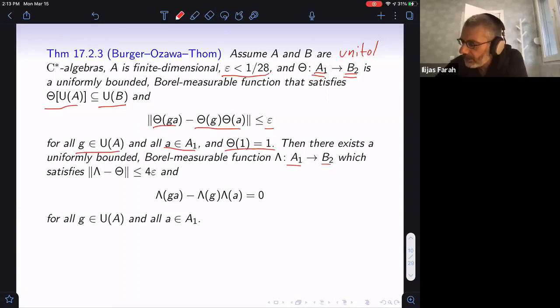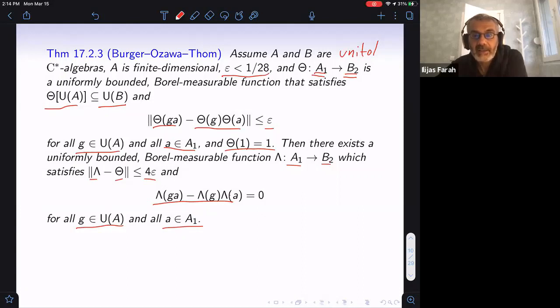Actually, it almost certainly has to go into B1, but it's not wrong to write B2, which satisfies that lambda minus theta in norm is less or equal than 4 epsilon, and it is multiplicative, so lambda(GA) minus lambda(G)lambda(A) is 0 for every G, which is a unitary, and for every A of norm at most 1. Right, so this is a slightly more precise theorem because we have a stronger assumption.